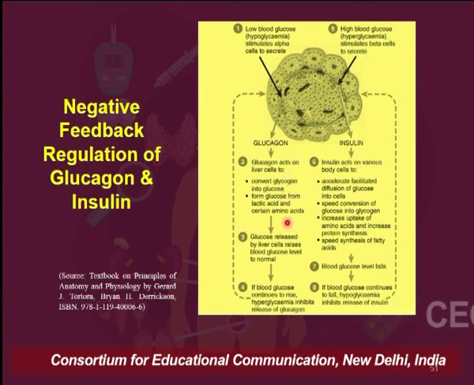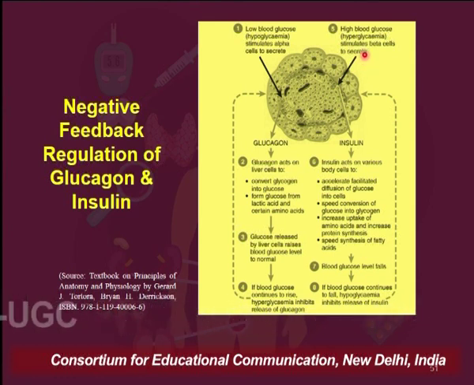Also it will go and act on the different organs which are involved in gluconeogenesis like kidneys, and will ultimately increase the blood glucose levels. When the blood glucose levels are increased, it will give a negative feedback to these alpha cells to stop the production of glucagon.